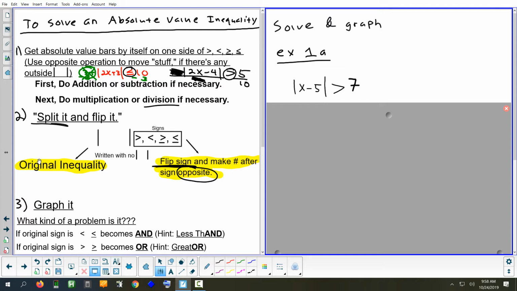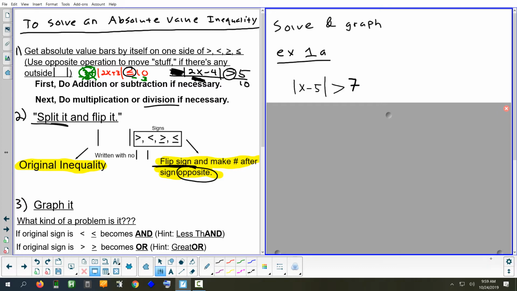Yes. If there was a number like this, let's say 8 times, then the answer would be no. There's nothing on the outside of those bars. So step 1 is done. There's nothing you need to do to get the absolute value bars by themselves.